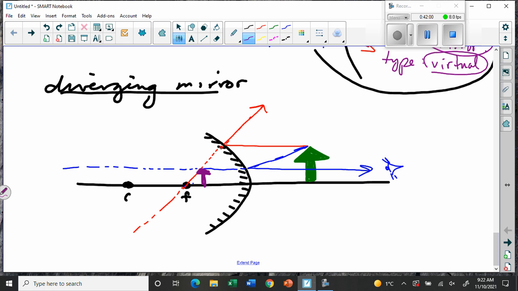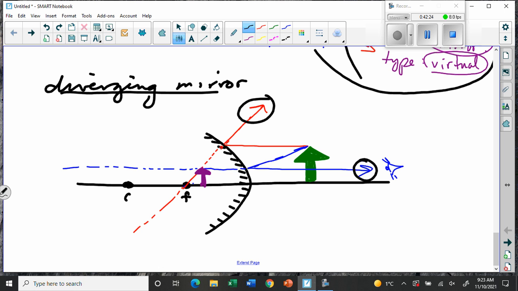And then draw the arrow down to the axis. Remember, the bottom of the arrow is always on the axis. So here's what we get. There's our image. Remember, the dotted lines have to be drawn backwards from the reflected rays, not the incident rays. After you reflect the rays, you draw those lines backwards.